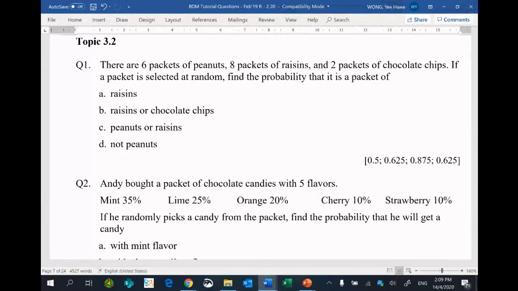So again, it'll be easier if we can just put up a very simple table here, right? So how many you have? This will be the type. This will be the count. Or you can say quantity. So the type is peanuts.